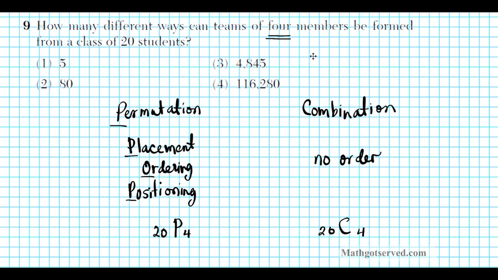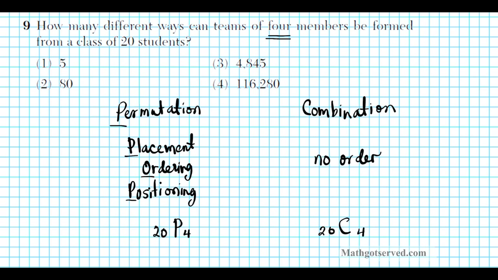Let's say that there were spots like first position, second position, third position, fourth position. That's placement. Or let's say there were titles that these 4 members were being assigned, like the president, vice president, secretary, and something else. Then that will indicate permutation. Since you're just selecting 4 members, you're choosing any 4, and order is not important here.